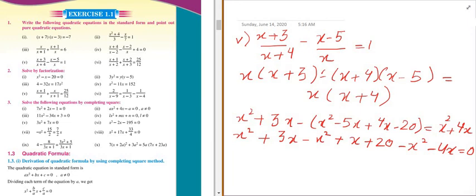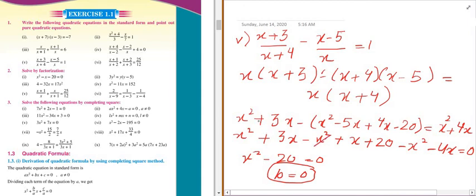Just add the like terms and subtract the like terms. You will get x square minus 20 equals to 0. Here b is 0, so this is a pure quadratic equation. This x is cancelled with this.